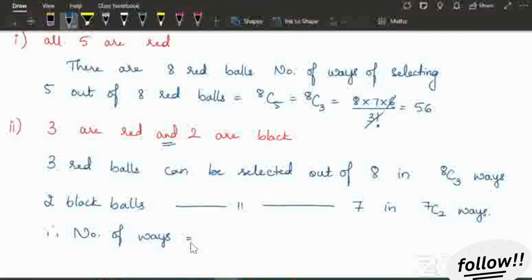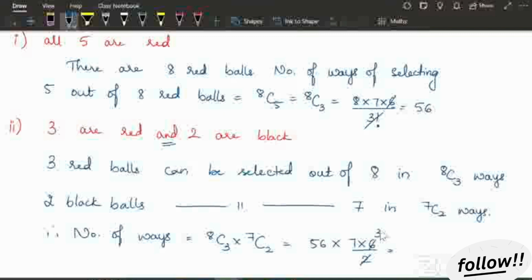So the number of ways of selecting 3 red and 2 black is 8C3 into 7C2. 8C3 we have already written, it is 56, into 7C2 is 7 into 6 by 2 factorial, which is 2. So this gives you 3.